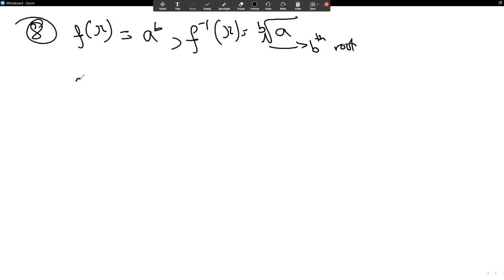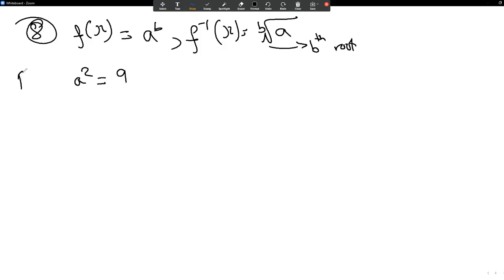So for example, if you had a cubed equals 8, we could apply, like how, for example, actually, let's do a squared equals, I don't know, 9, right?